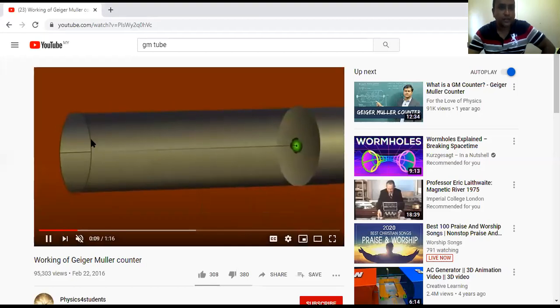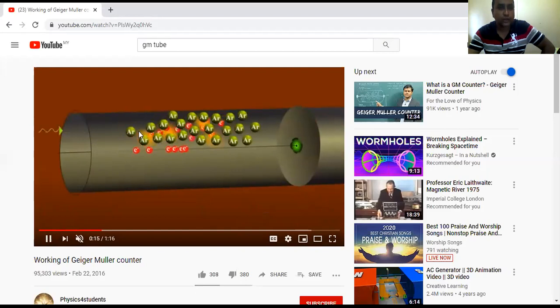It must be very thin. So let's say these are all the argon particles. So what happened? When the radiation passes through, it will ionize the argon into positive and negative ions.